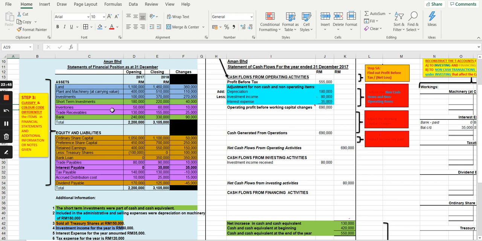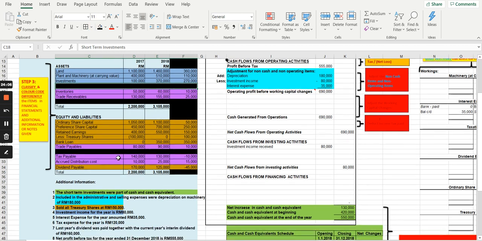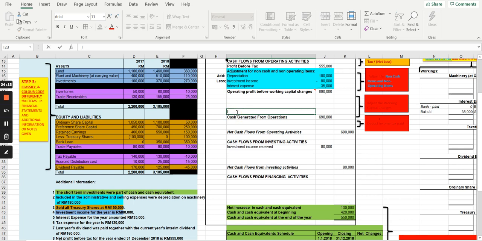Next, we can just do this for what you have done. Okay, done. We are done with also our item bank balance. Okay. And then you also have made the adjustment for the interest expense here. At the same time, interest must also be shown here, to show the ability of the company to pay the interest out of the operating cash flow.